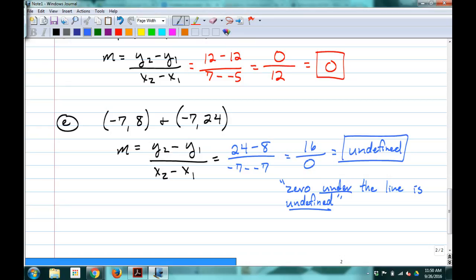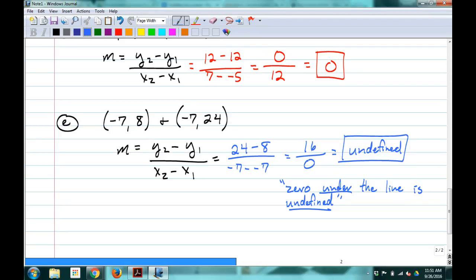Miss Patricia Campbell taught me that when I was in 8th grade here, 1996. 0 under the line is undefined. That's the way I've remembered it forever. So, yeah, it is really 0 on the bottom is undefined. 0 on the top is 0. Okay, so the 0 under the line is undefined. That'll help you out as far as remembering that.